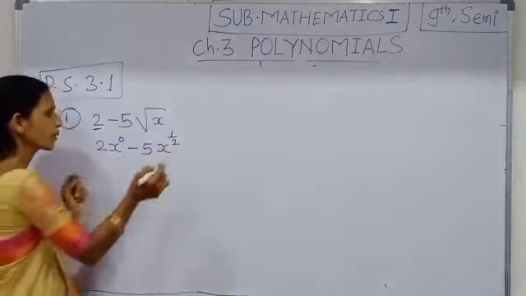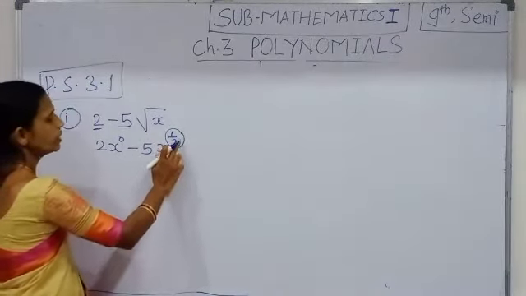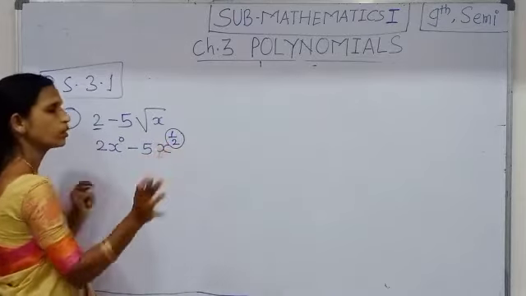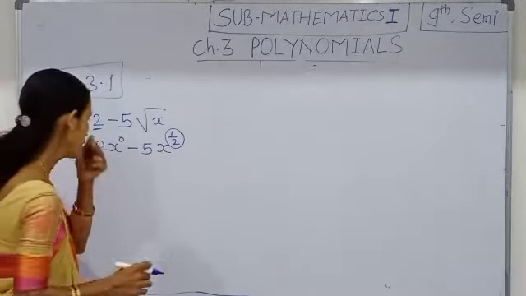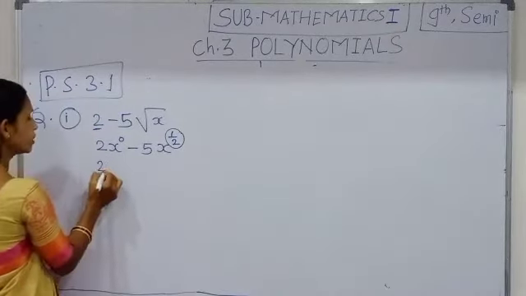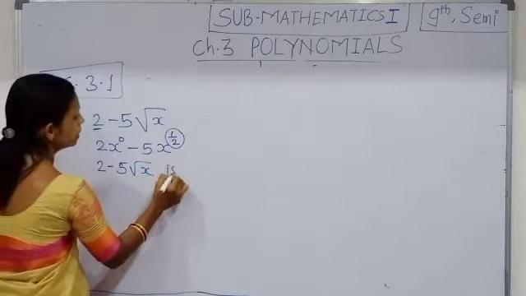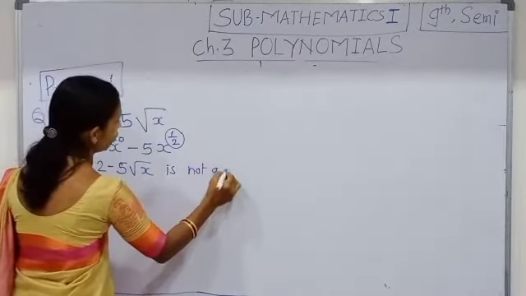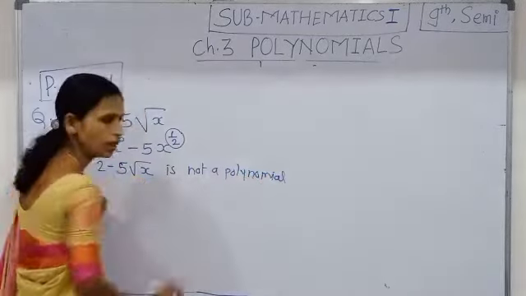But here the index of the variable x is 1/2. That is not a positive integer, it is a fraction. Therefore, 2 minus 5 root x is not a polynomial.